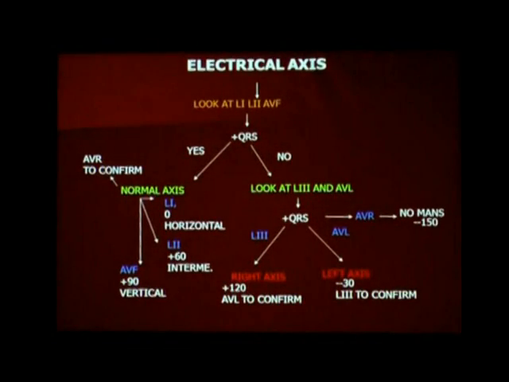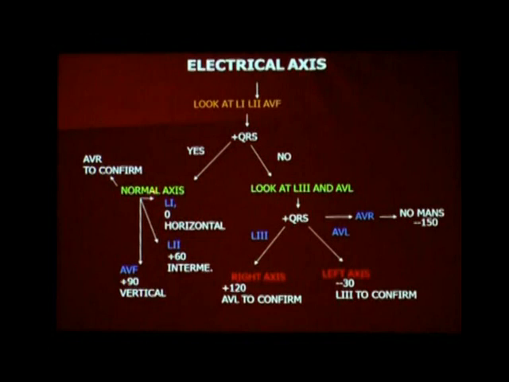As far as the calculation of axis is concerned, you will first look at where your positive QRS is. The tallest positive QRS, if it is in L1, L2 or AVF, you are dealing with the normal axis. Once you decide it's a normal axis, always look at the AVR to confirm, because all the components of the QRS complex and the P wave will be negative in AVR.